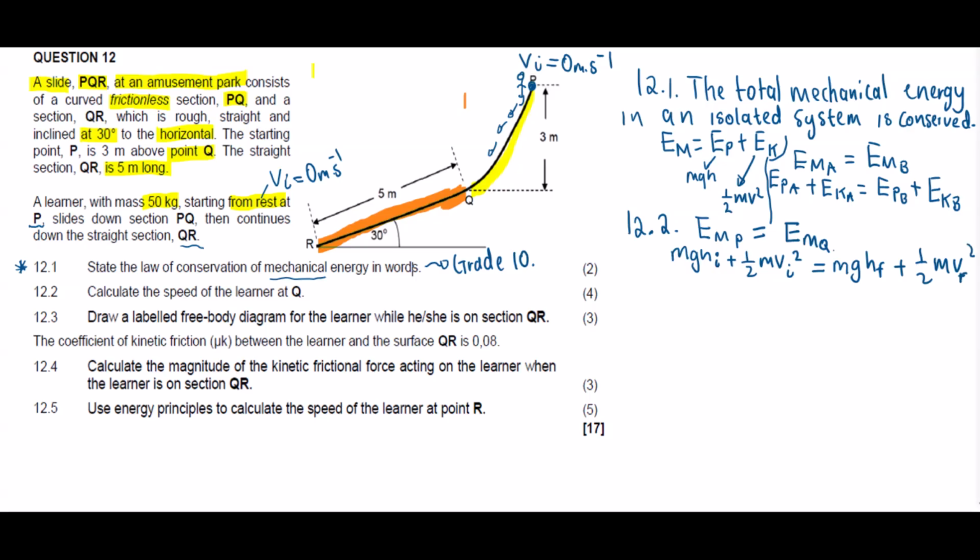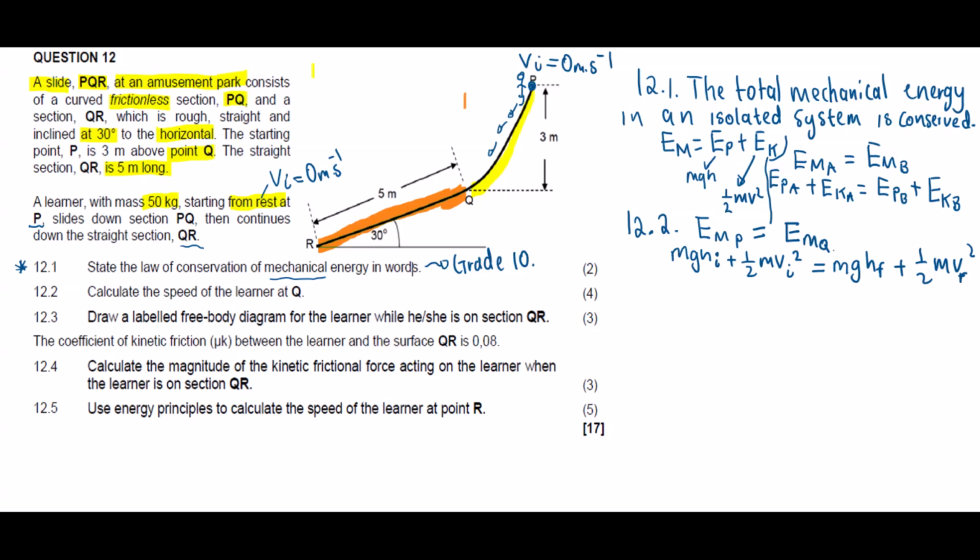You will notice that this formula is always for one object. We are dealing with one object. It's not like it's two objects. So the m, everywhere you see m, is common. It's the object's mass, it's the learner's mass in this situation, right?